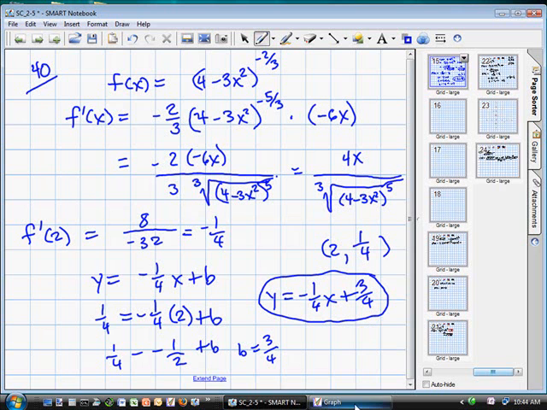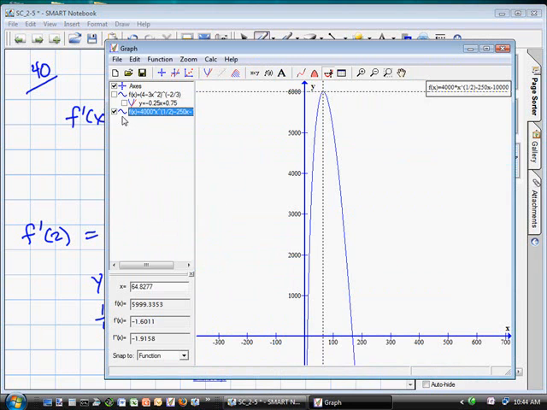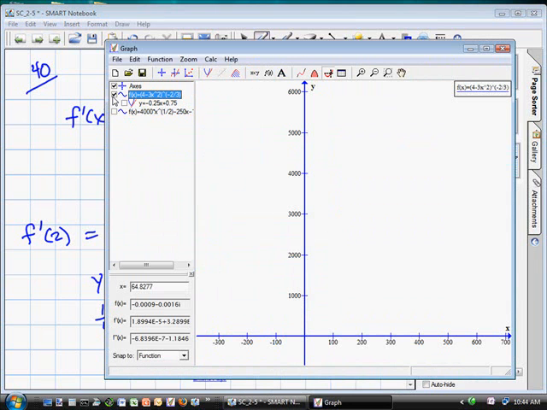Here we go. Yeah, I gotta zoom way back in.